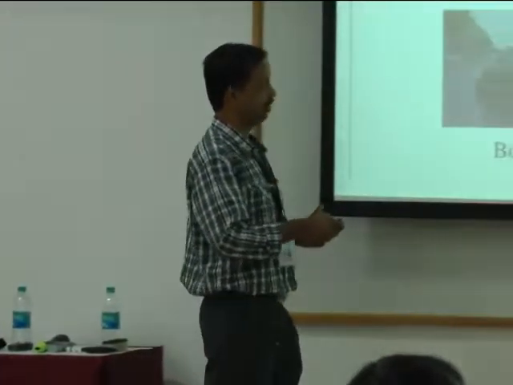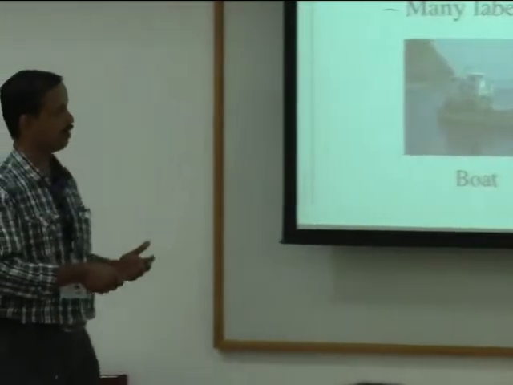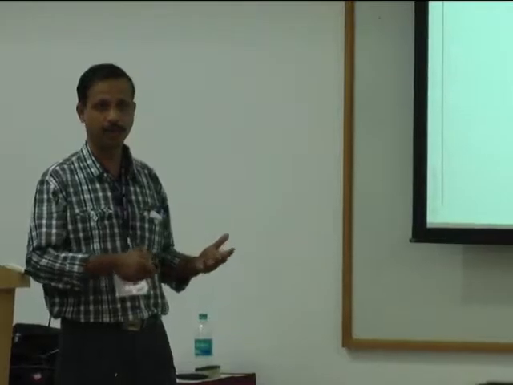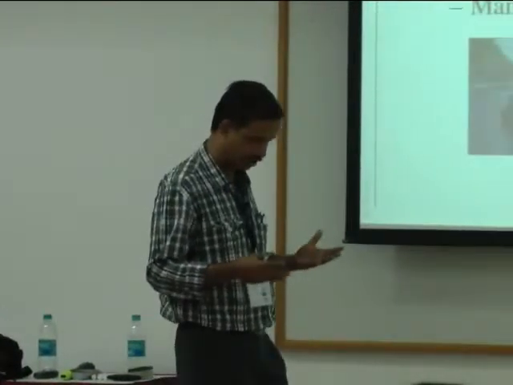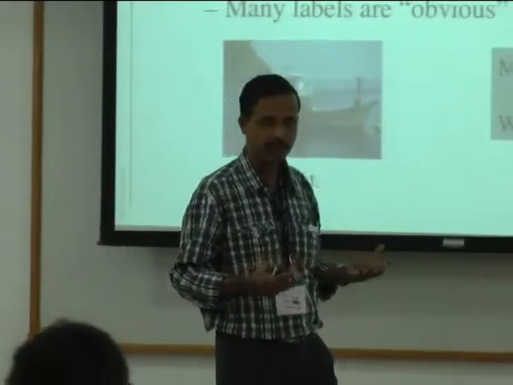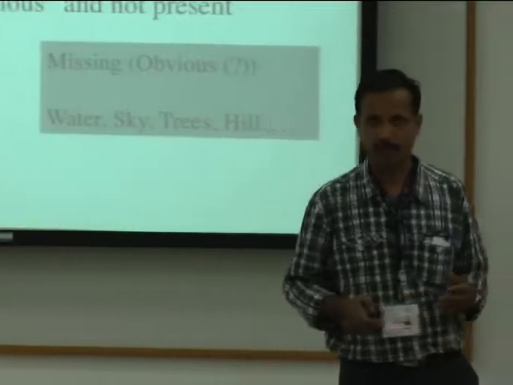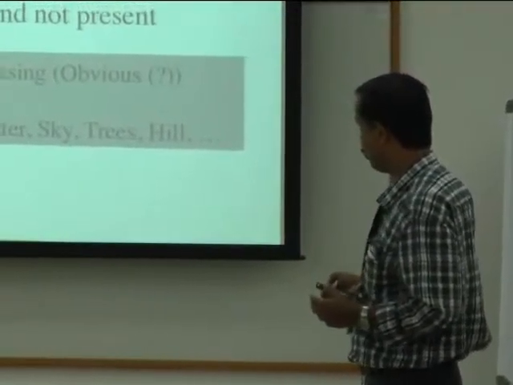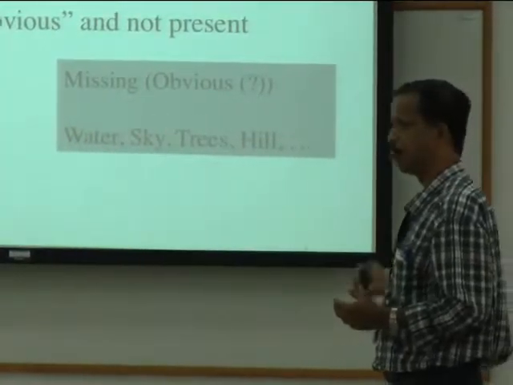So in your training data, this image is annotated as boat, and labels like water, sky, trees or hill are not annotated because the person who created the training data thought they are obvious labels and there is no need to annotate them. So this can be used as a negative because these labels are not present here.